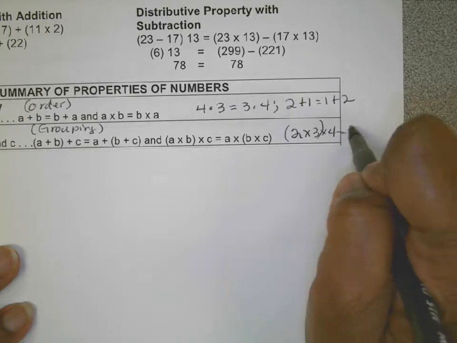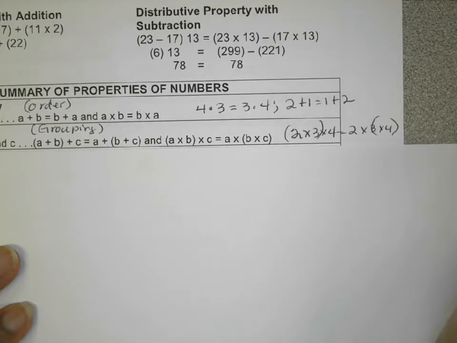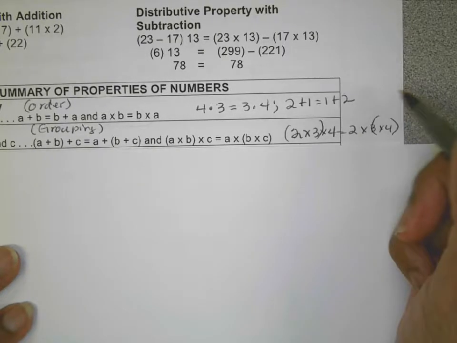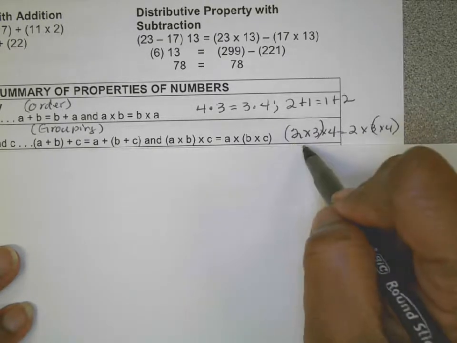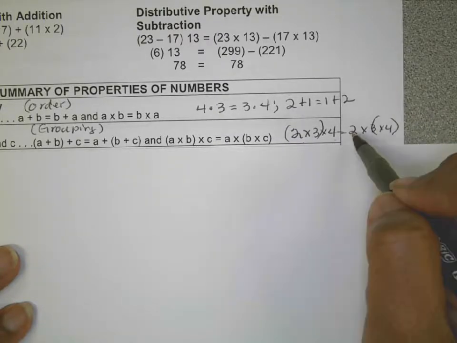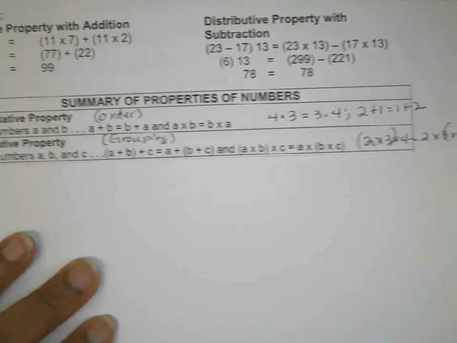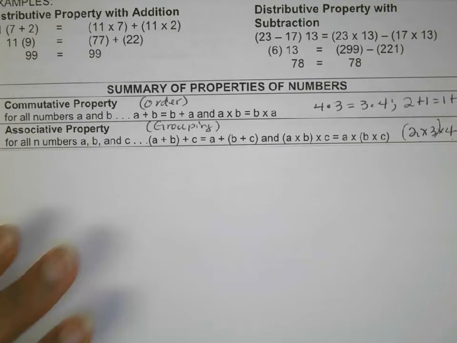And then we have 2 times 3 times 4, and we group 3 and 4. The answers are going to be the same. This one's going to be 6 times 4 is 24, and this one's going to be 12 times 2 is 24. So that's called the associative property.